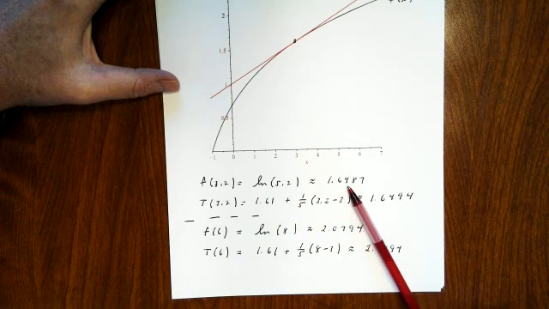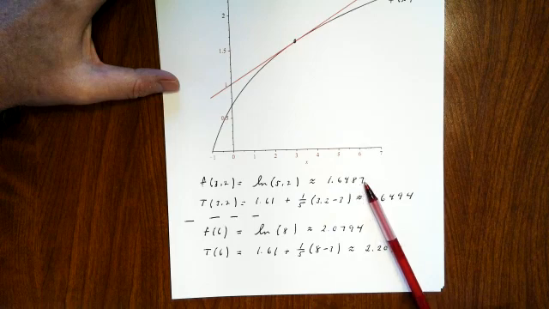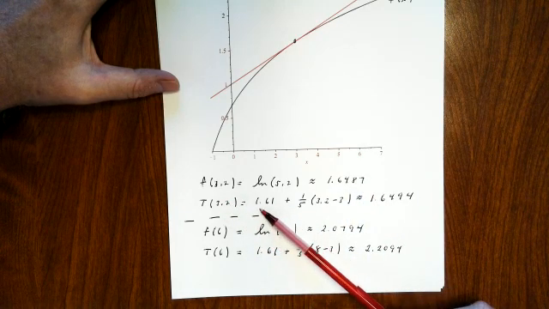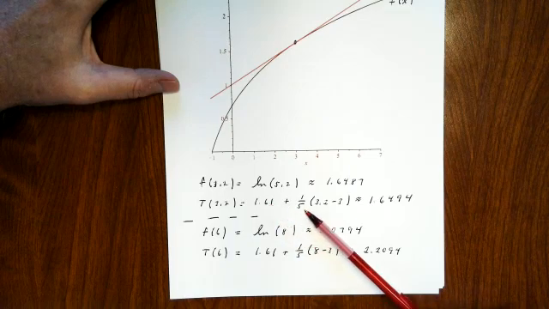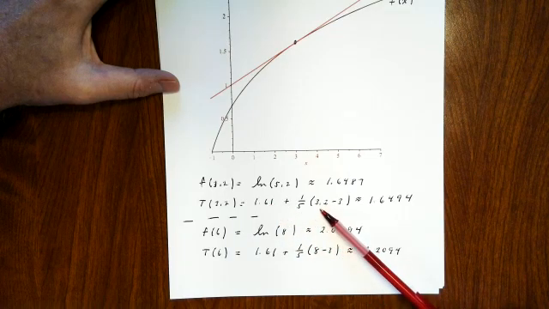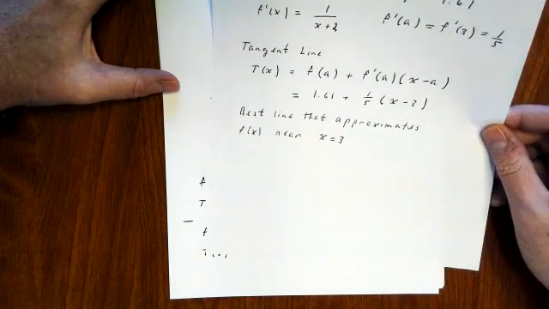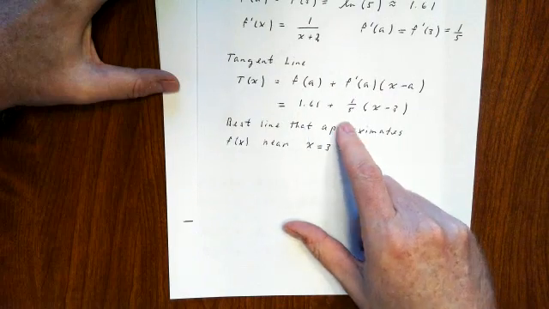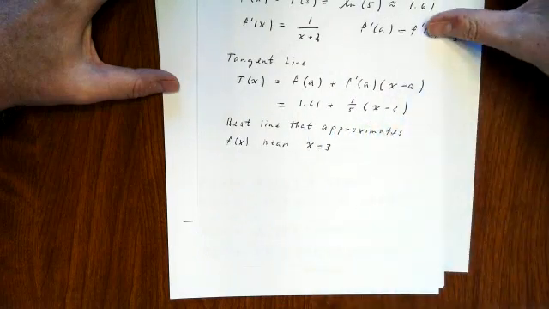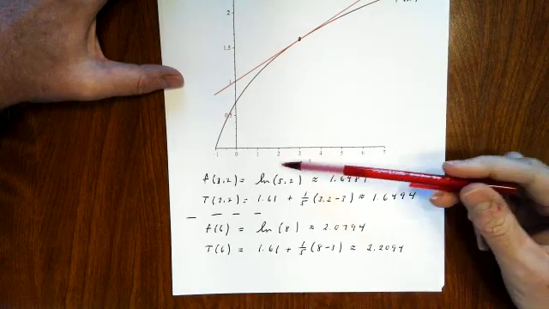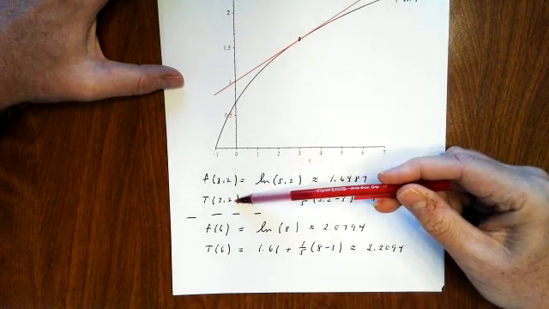That works out to be about 1.6487. If I plug 3.2 into the tangent line I just computed, I have 1.61 plus 1/5 times (3.2 minus 3). That works out to be about 1.6494. And again, what I'm using is the tangent line formula that we just computed. So f is well approximated by the tangent line if the inputs are close to 3.